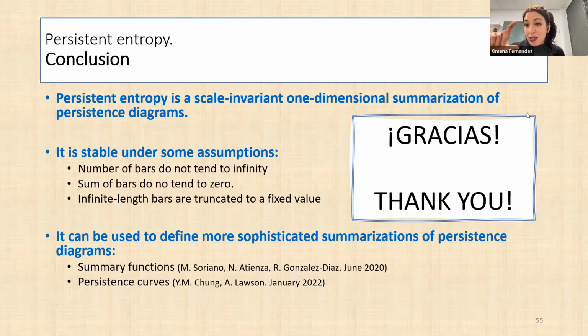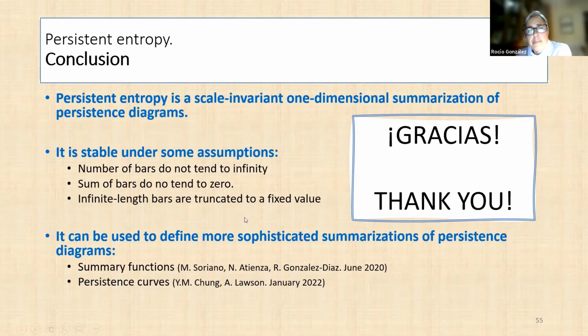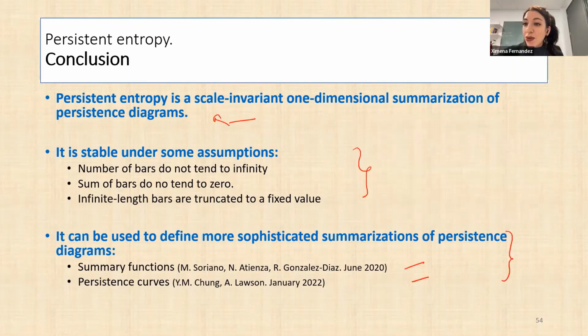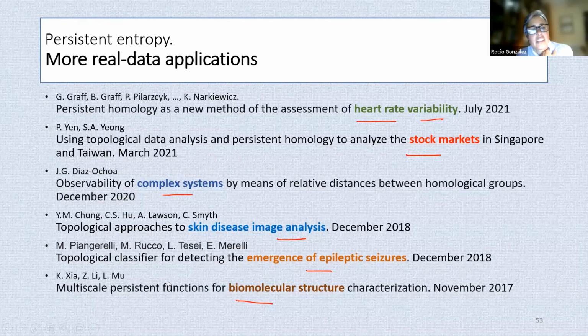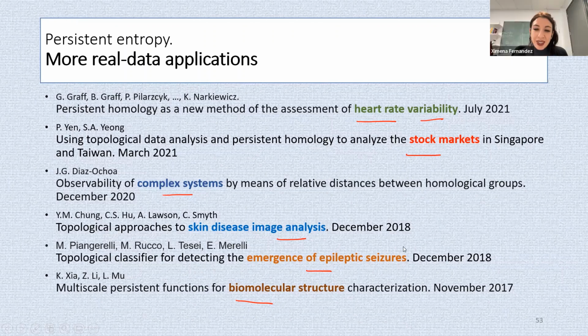You look at the bars, the length of the bars in the diagram. I know that Mateo Rucco worked on this. You know this paper, right? About epileptic seizures. I have it here. Okay. Topological classifier for detecting the emergence of epileptic seizure.